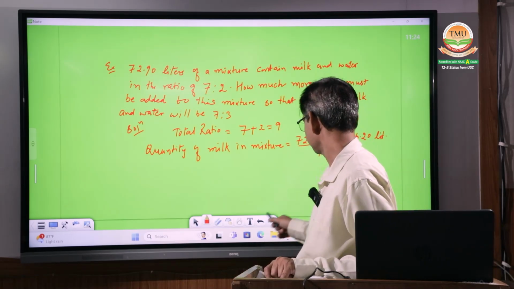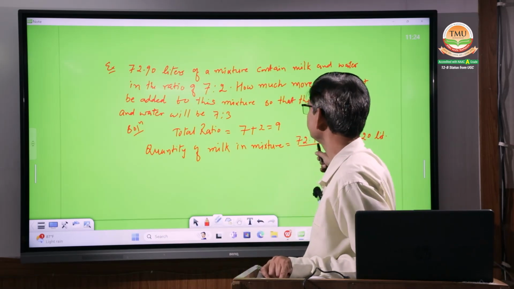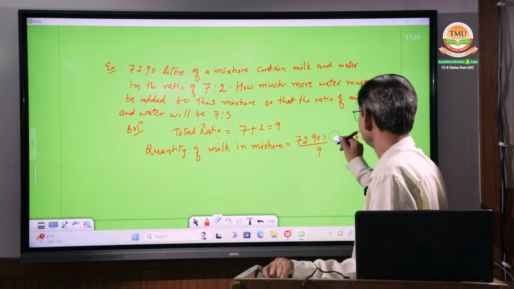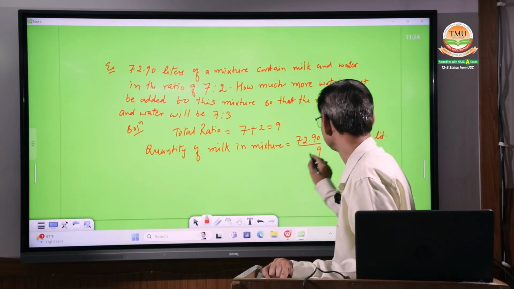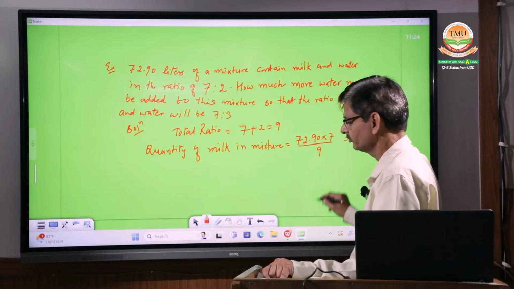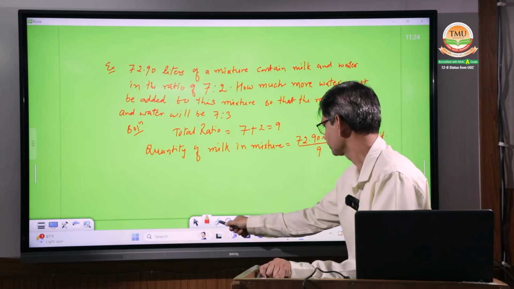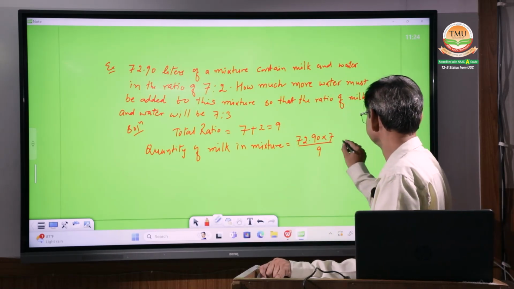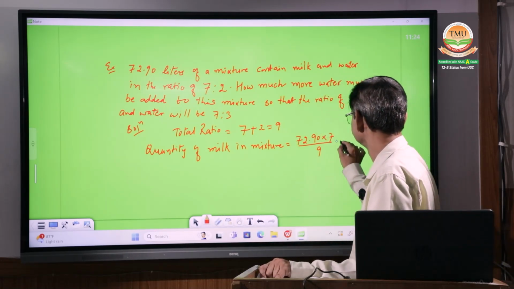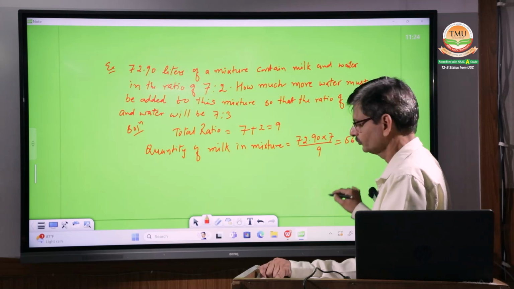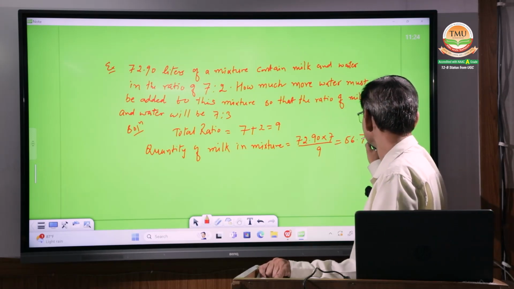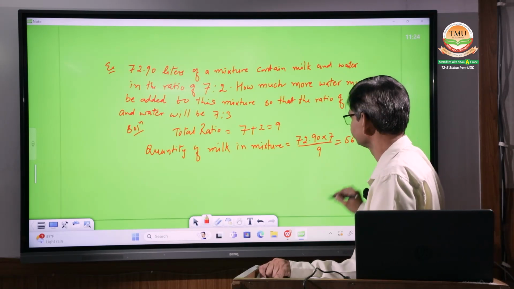That is 72.90 multiplied by 7 upon 9, which is 56.70 liter.